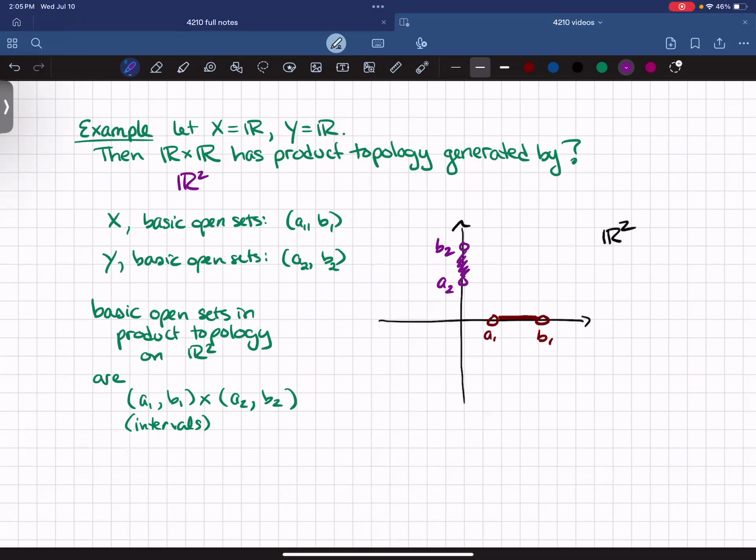And I want to look at all points X1, X2, where X1 is between A1 and B1, and X2 is between A2 and B2. So the first coordinate has to be between A1 and B1, and the second coordinate has to be between A2 and B2. And I claim that that is going to look like this open rectangle.